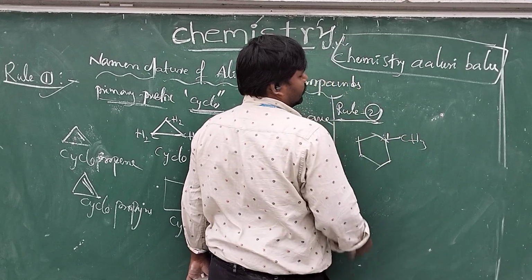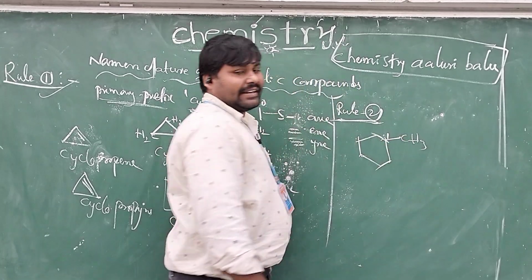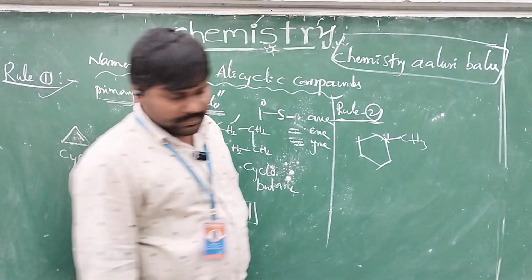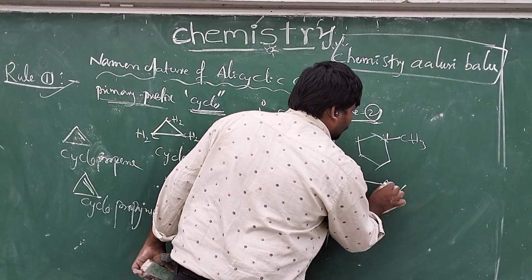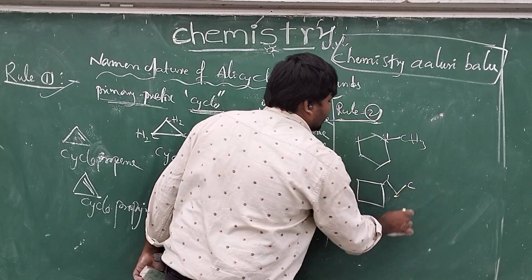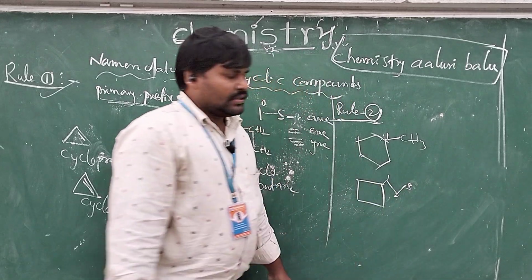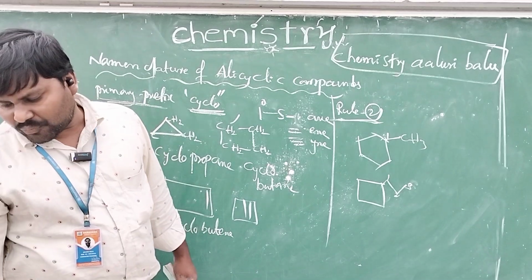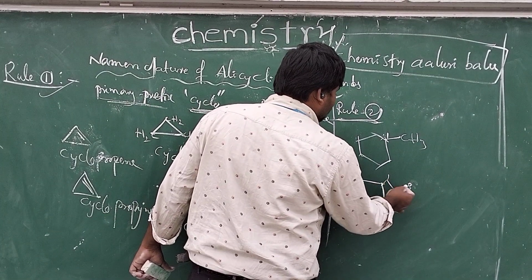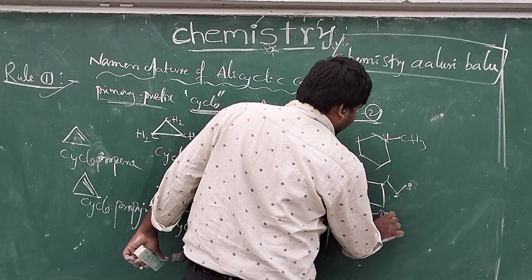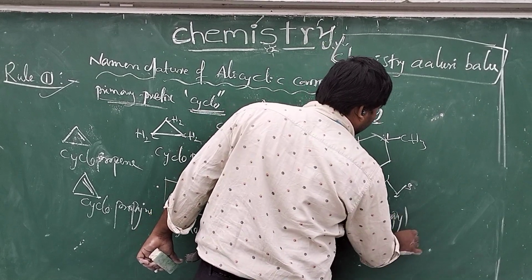Which position? First position, represented by Arabic numbers. If you take this cyclobutane, 1, 2, 3 carbons means prop, so that position is 1, and the name is 1-propylcyclobutane.